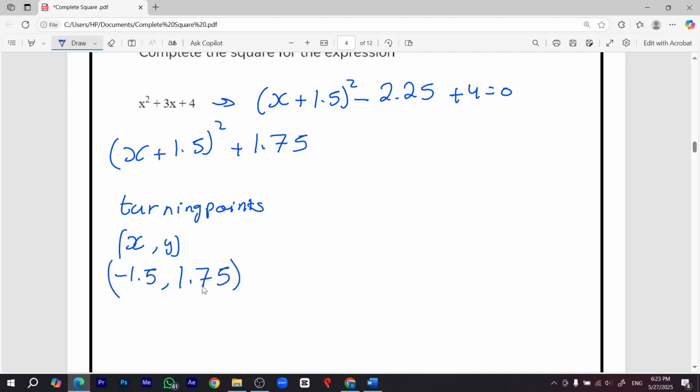If I need to know whether this point is a maximum or a minimum, let's try to draw it. The negative 1.5 is here and the 1.75 is here, so the point is here. This is a minimum point, because the curve opens upwards.